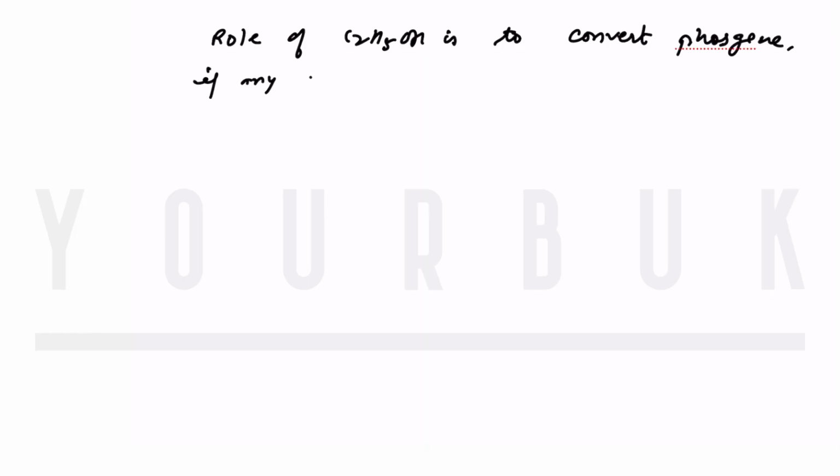Now the role of C2H5OH is to convert phosgene, if any forms, into a non-poisonous diethyl carbonate.